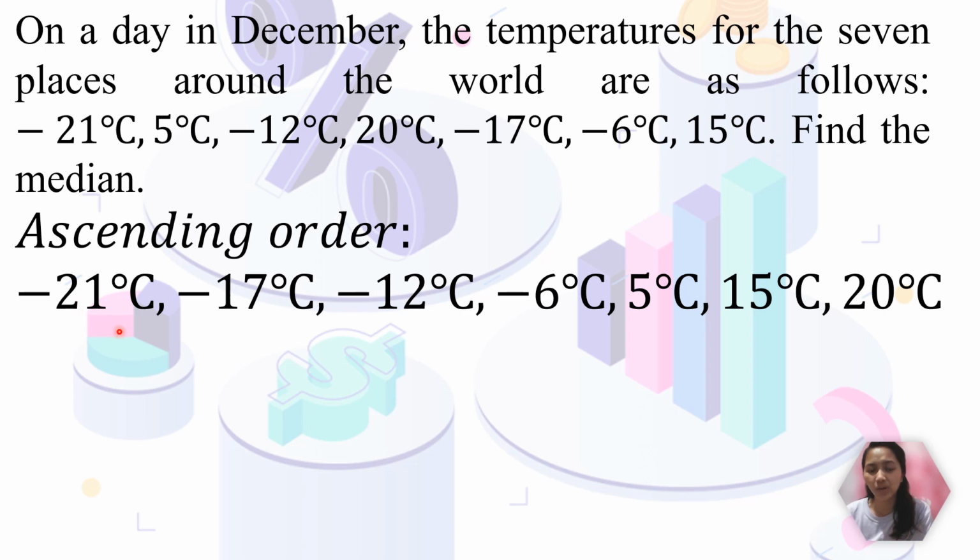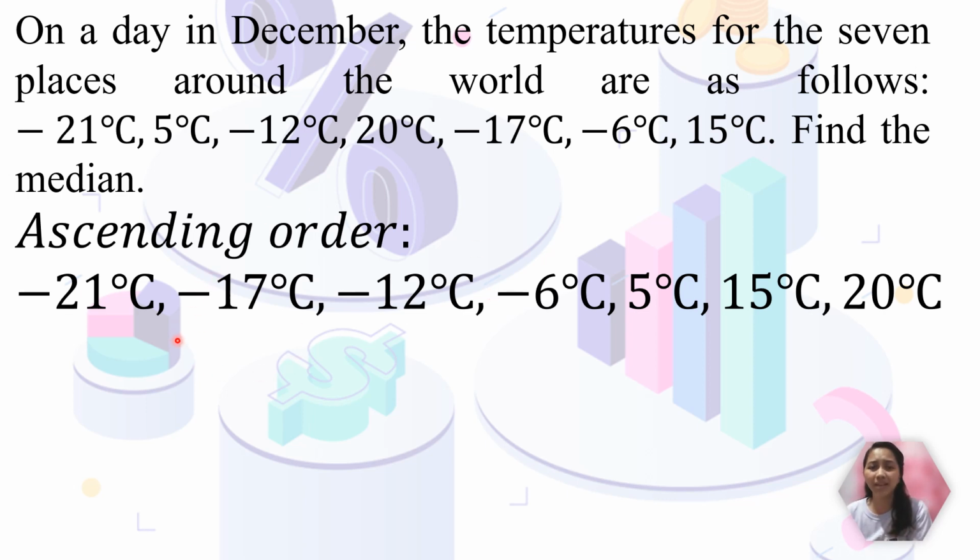Kaya dito, nauuna yung 21 kesa sa 17 kasi negative to eh. Kaya mas nauuna siya or mas mababa siya kesa sa negative 17 degrees Celsius. And then after nating mailagay yung negative temperature, doon na tayo pupunta sa positive temperatures. So yan is in terms of ascending order.